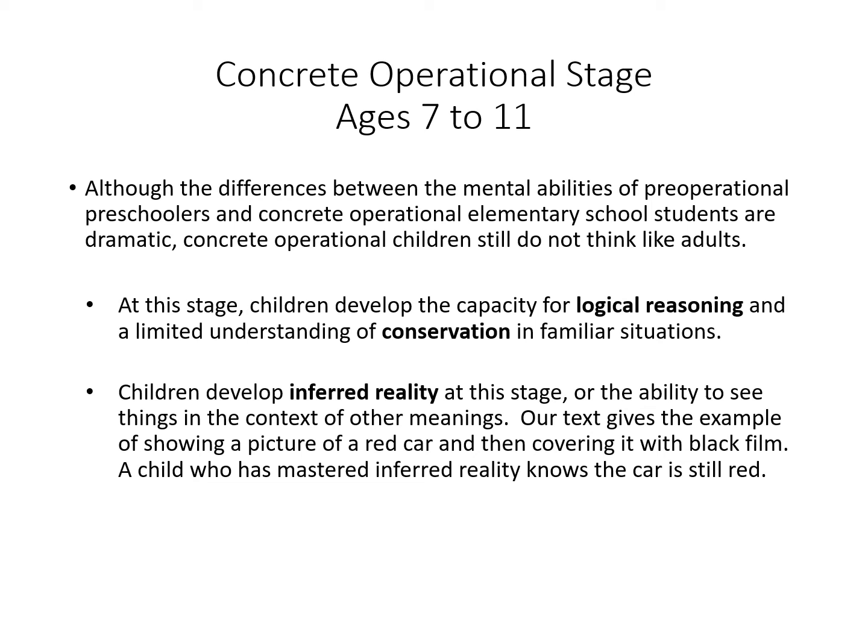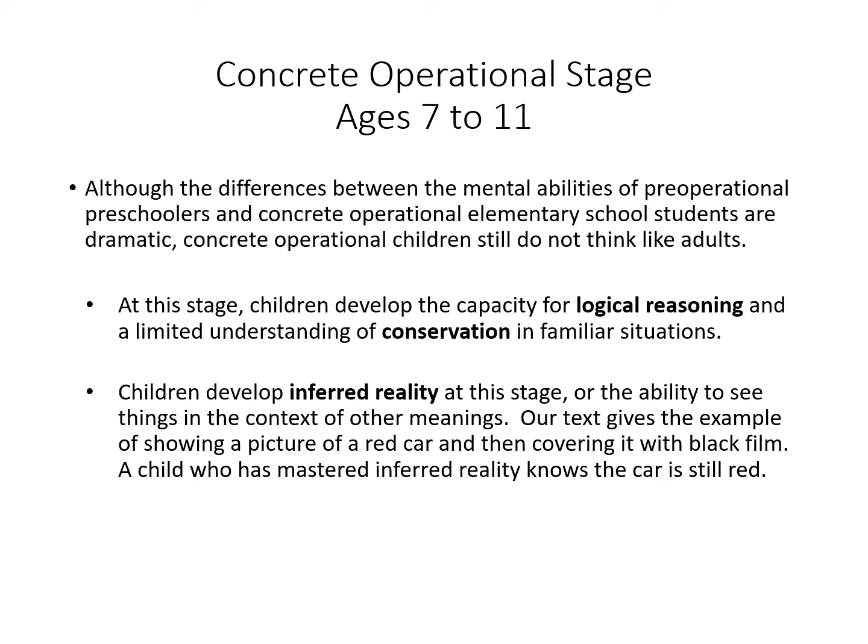At this stage, children develop the capacity for logical reasoning and a limited understanding of conservation in familiar situations. They're still not able to handle abstract reasoning very well, and they often require manipulatives to bridge the logical thinking between where they were preoperationally and where they're trying to get to reason abstractly.